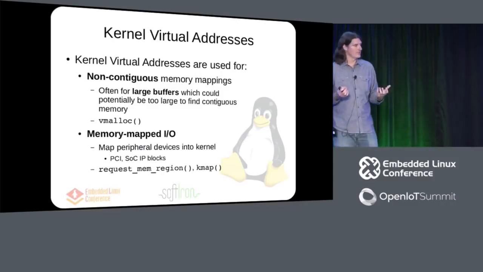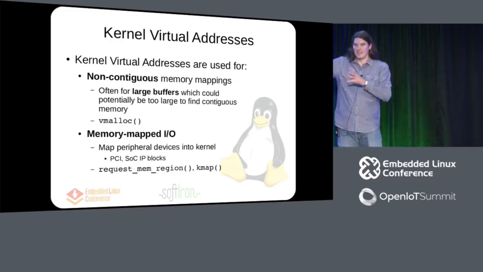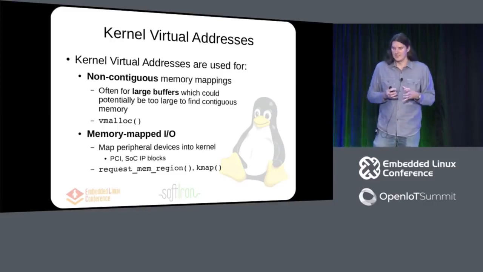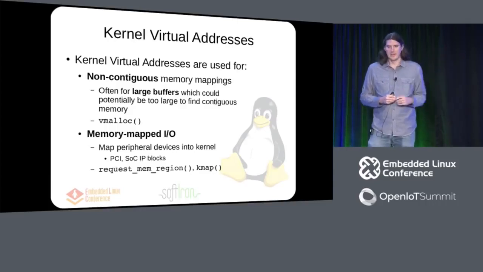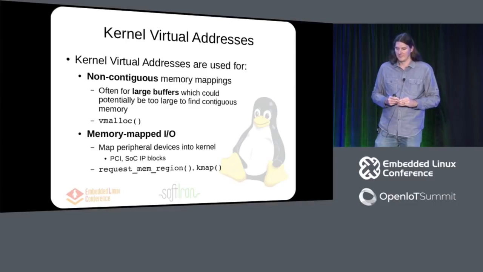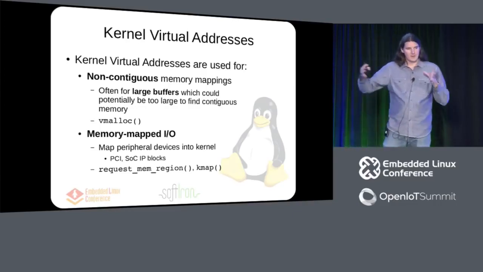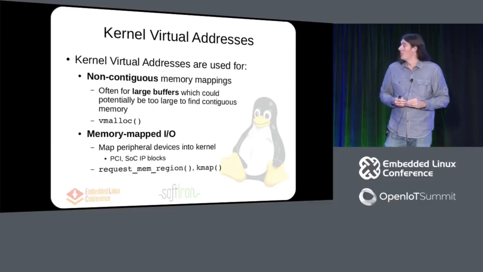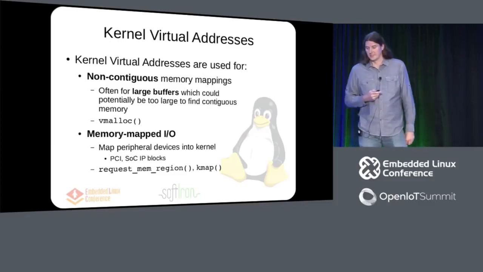So if you have a PCI device, for example, and you're going to map that PCI device's memory into your address space, that will use this kernel virtual memory area, or the kernel virtual addresses. In that case, you use request_mem_region to map a region of physical memory, or you can use kmap to map pages directly. We'll talk about pages coming up.